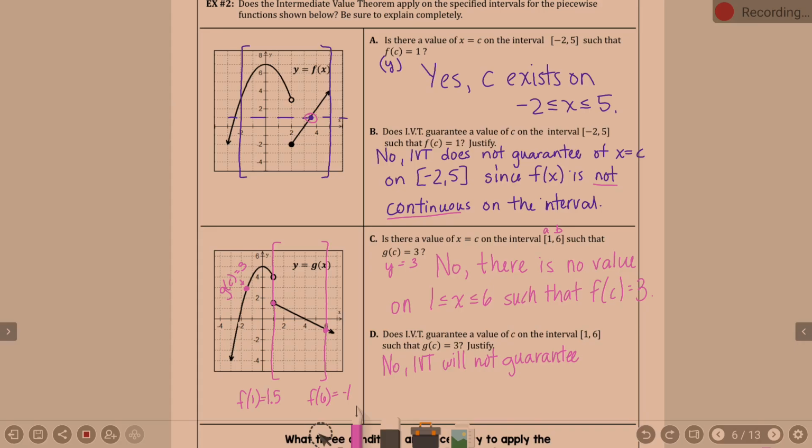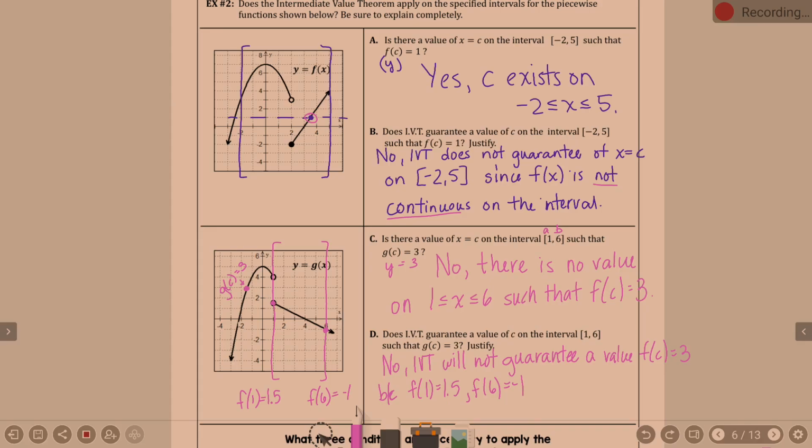IVT will not guarantee a value g of c equals 3 because g of 1 equals 1.5, g of 6 equals -1, and 3 is not between them.